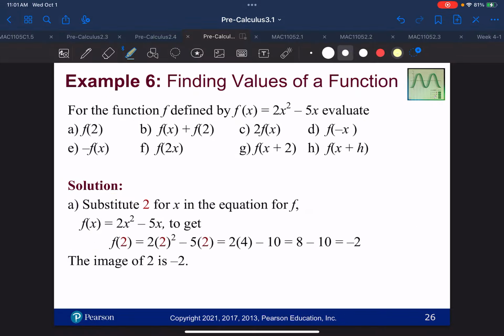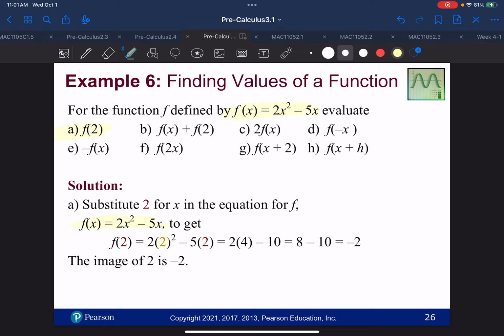So if you remember in class, I kind of sped through this slide and was like, hey, do you guys remember how to do this? So these are just a couple examples. They give us this function, f of x equal to 2x squared minus 5x, and they want us to evaluate a through h. The first one is to find f of 2. So we're just going to plug 2 in everywhere we see an x here.